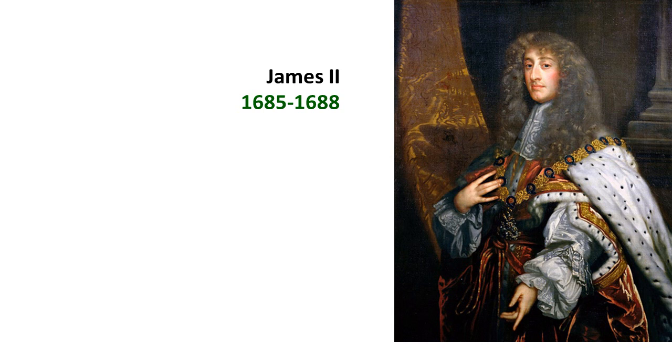So maybe many members of parliament were really afraid that again a king would like to restore the Catholic Church in Britain. Moreover, James II did something that was very scary, is that like Charles I in his days, he raised his own army without the consent of Parliament, and it was led by Catholic officers.